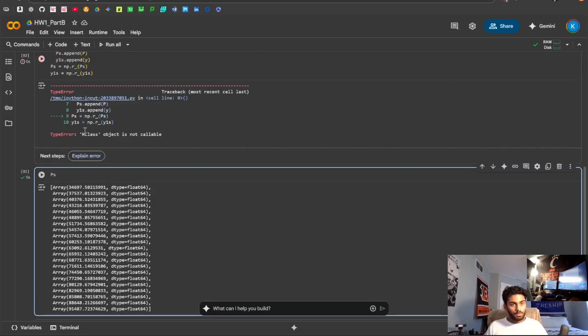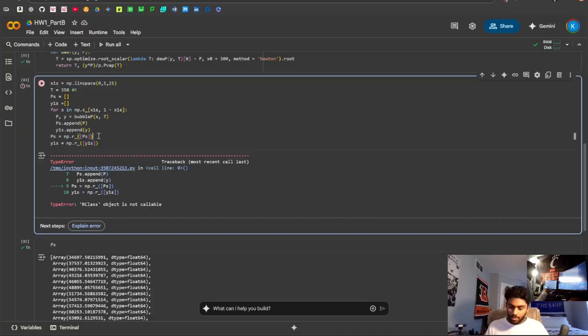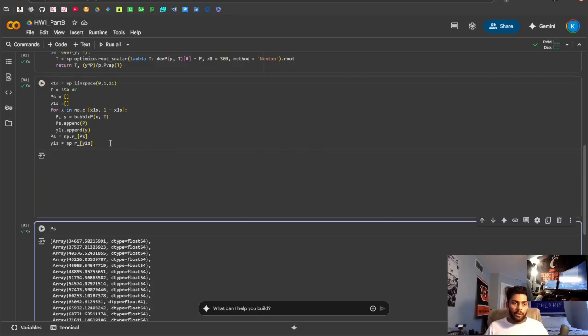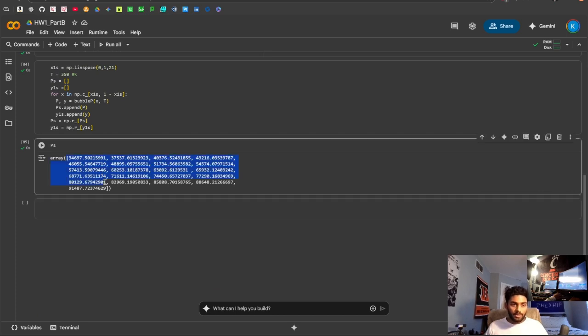I just think we need to take these parentheses away. Yeah, now it's happy. So now when we get our p's, we have a nice list that we can just straight plot for our bubble point plot. Okay? So now let's start doing our plotting.